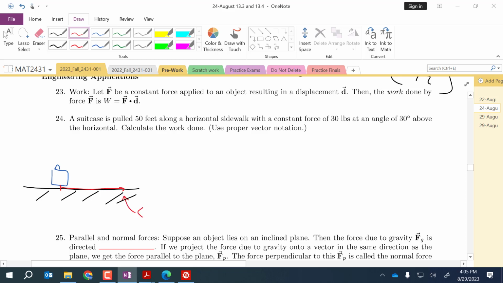That would be the vector 50, 0. That's the displacement of this suitcase. Then we're going to apply a force to this suitcase, and our force is 30 pounds at an angle of 30 degrees above the horizontal.